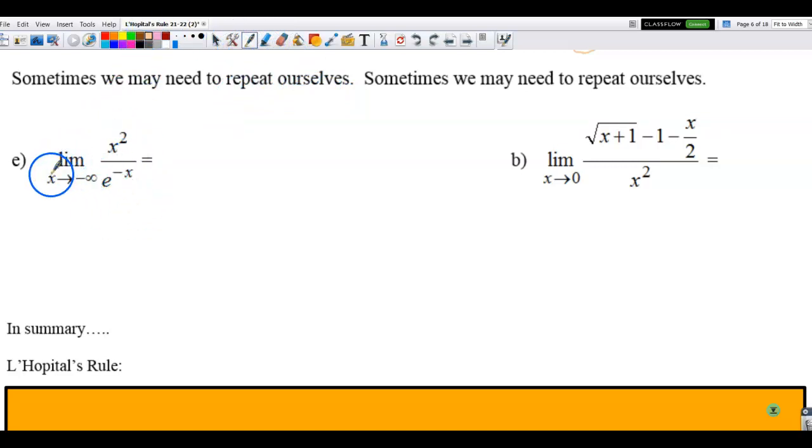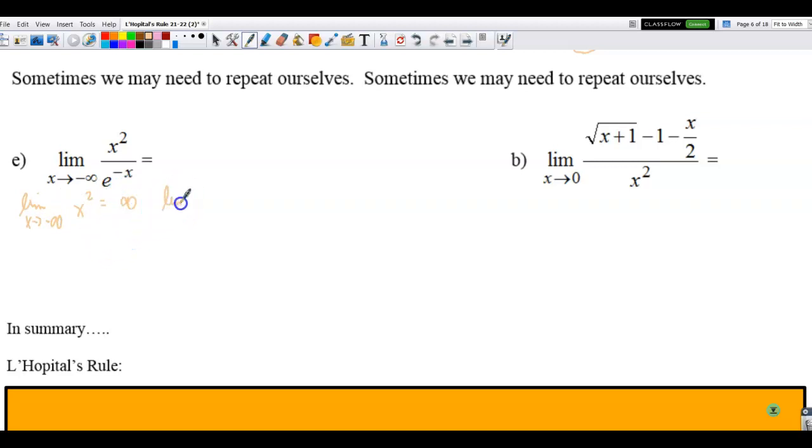I'm trying to find the limit as x goes to negative infinity. So if I air quote substitute negative infinity and square it, the limit as x goes towards negative infinity of x squared approaches positive infinity.